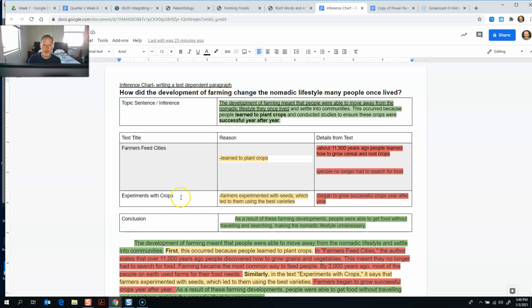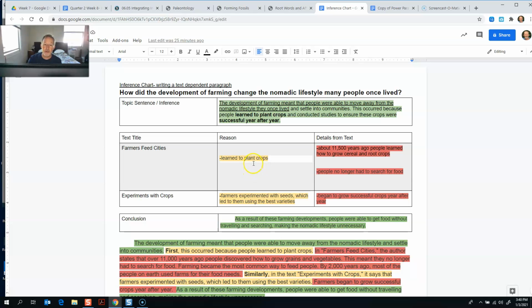And then experimenting with crops. Farmers experimented with seeds, which led them to using the best varieties. So they found these seeds work better than the other ones, and over years they got better and better and better seeds.